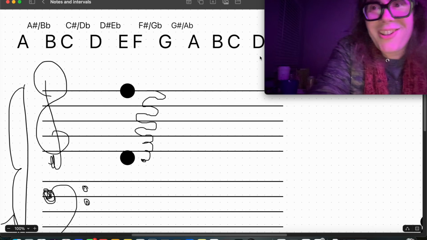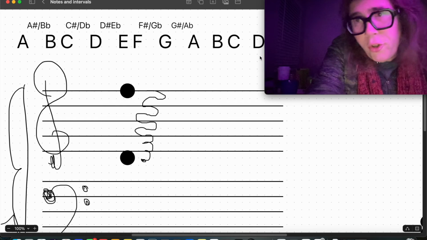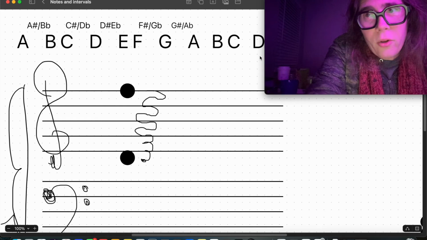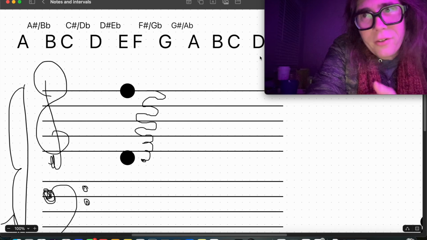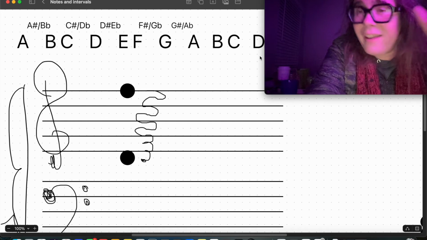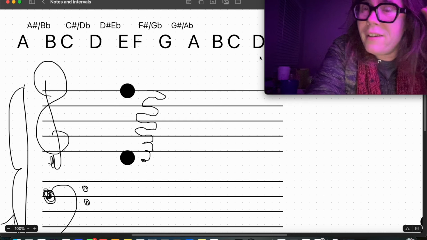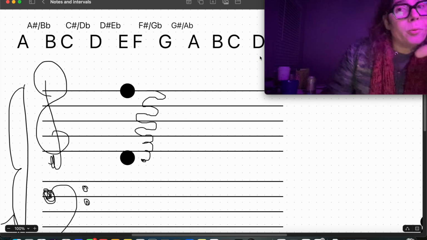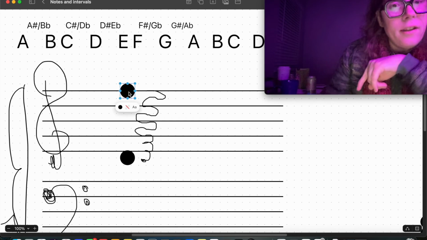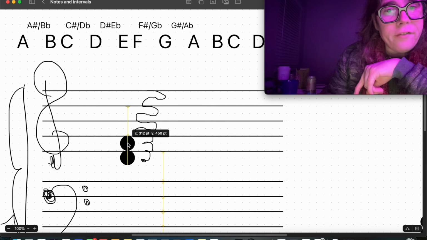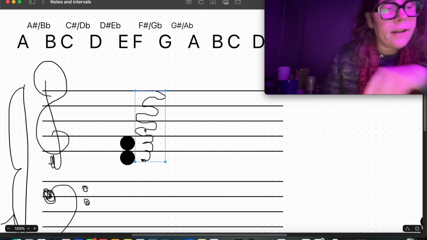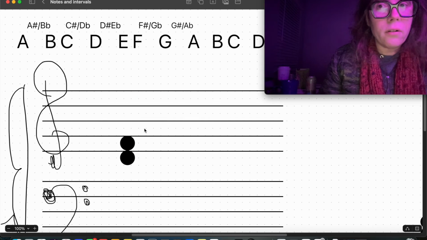What does that mean? So what people do is they will drop that upper interval, the upper note, they'll drop the upper note an octave. It's already exceeding an octave. So we're going to drop this F down to this F and then analyze that interval.